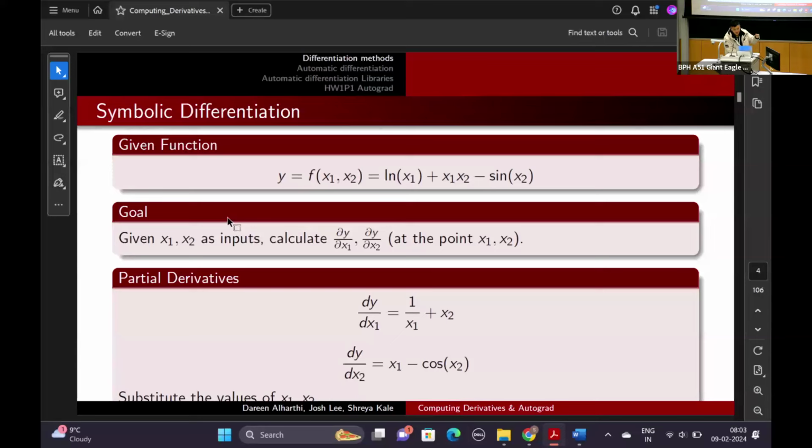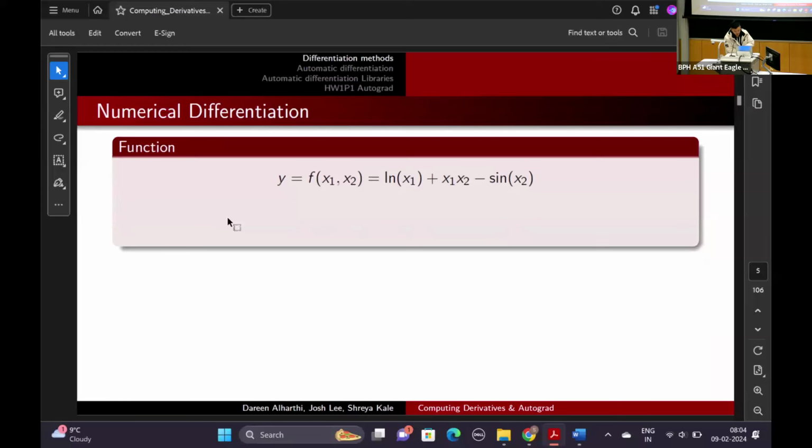Sometimes you would have to use advanced techniques in order to differentiate things like the square root of the sine of a certain variable, and you would need substitution tricks to do that. So symbolic differentiation involves choosing the right technique out of all possible techniques and then applying that to any given symbolic expression.